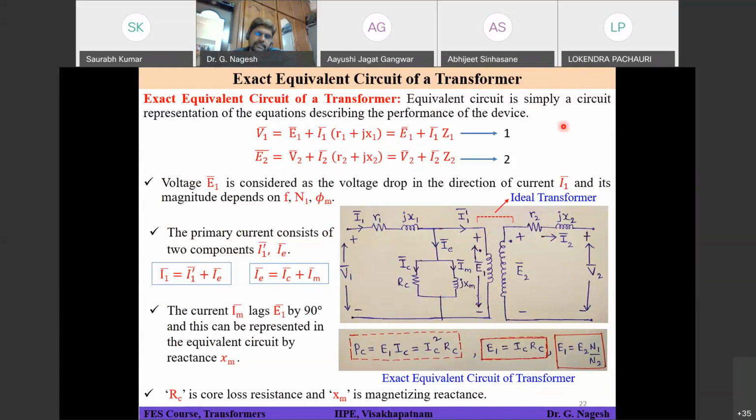I am saying approximate equivalent circuit, so this branch should be very close to V2. The shunt branch, which should actually be in the middle of these two, will move to the extreme right in the approximate equivalent circuit referred to the secondary side. So by seeing this exact equivalent circuit, try to draw the approximate equivalent circuit referred to secondary side.